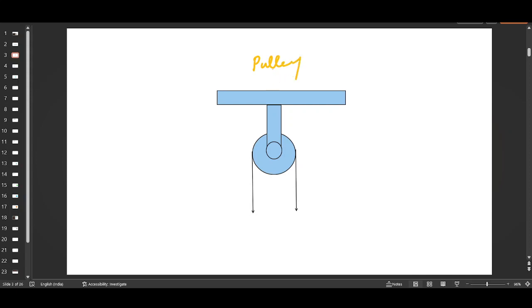This is fitted over a well and is used for taking out water from the well. Clear? From the well.